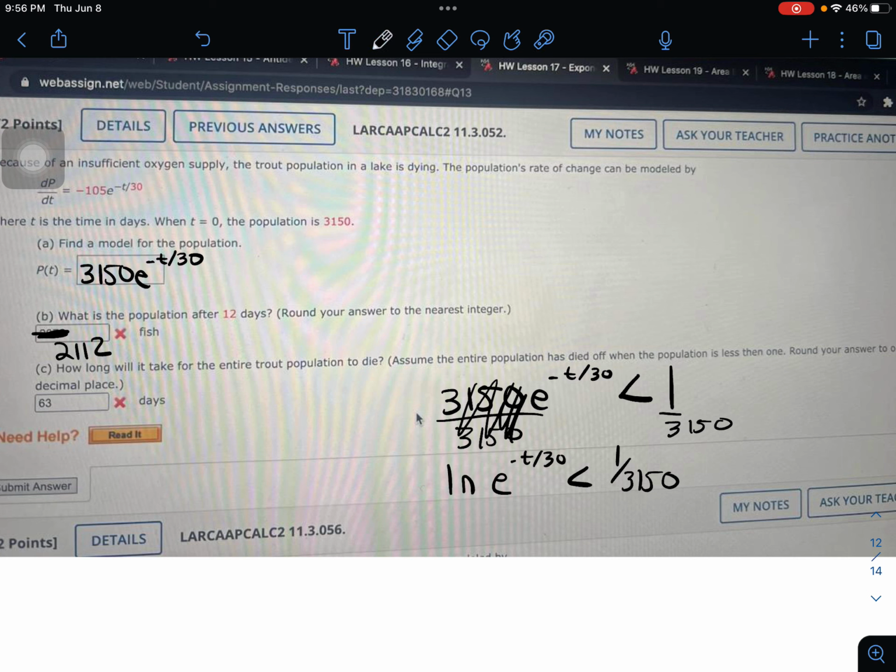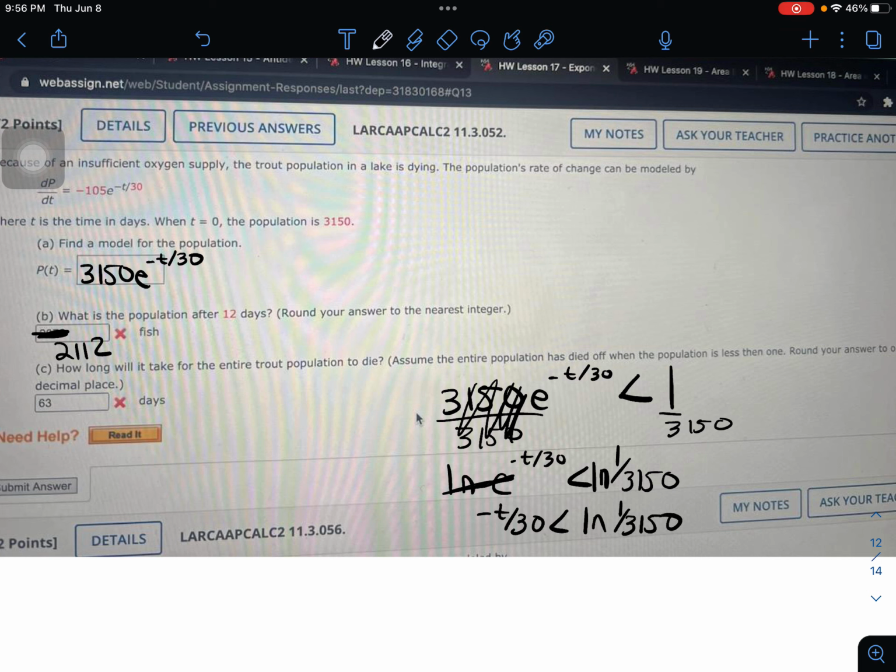A natural log cancels out the e. A natural log is the inverse of e to a power. If I take the natural log of this function, it will cancel out the e. And what I do to one side, I have to do to the other side. So I've got to take the natural log of that. So on my left side, I'm left with negative t divided by 30 is less than the natural log of 1 divided by 3,150.